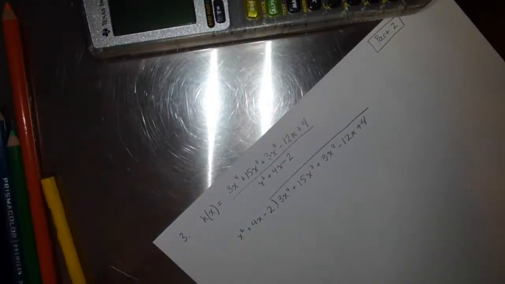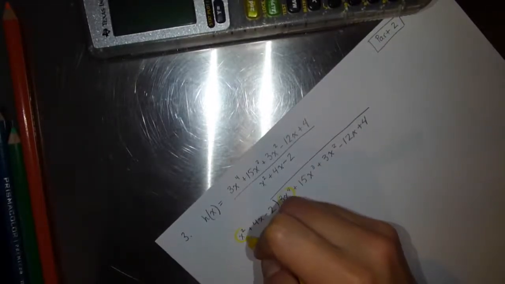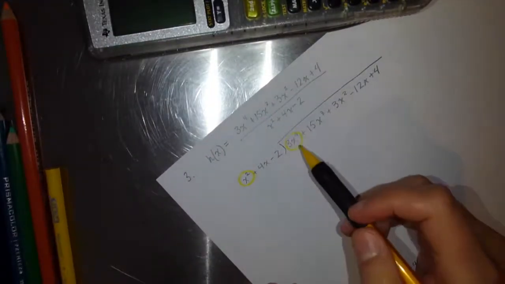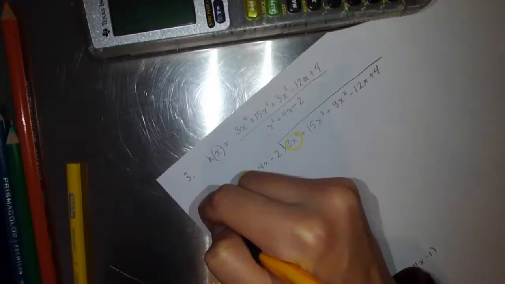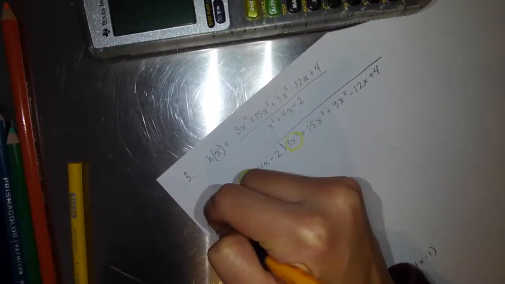Okay, so for division, we look at the first term of both expressions, and off to the side, I'm going to divide the number that's inside our division, so 3x to the 4th, by the number out here, x squared.